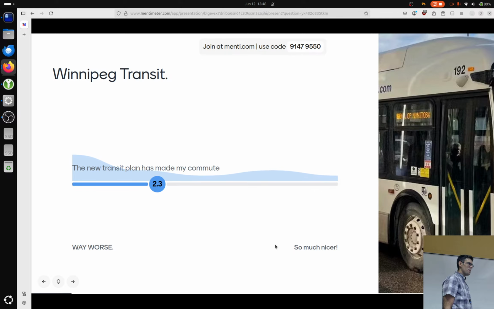I thought about making this a streaming text thing, but I was deeply worried that there would be people swearing about the new transit plan if I did this. I'll give you 30 more seconds. It's pretty flat. I suppose I should vote for this question myself.